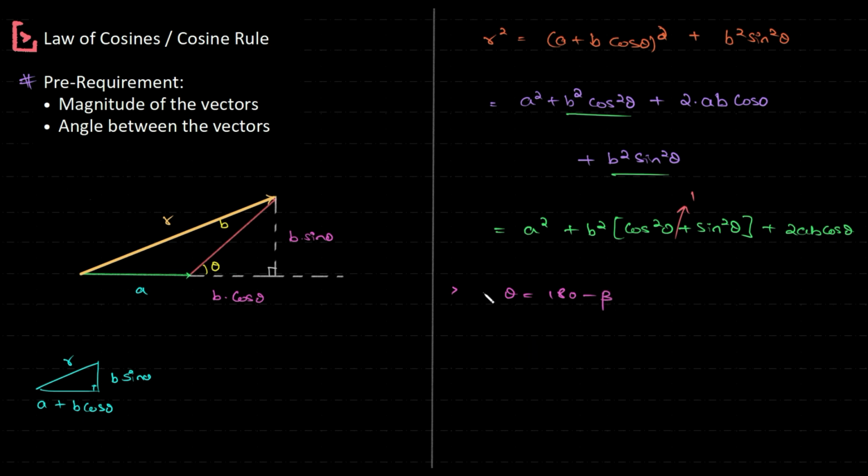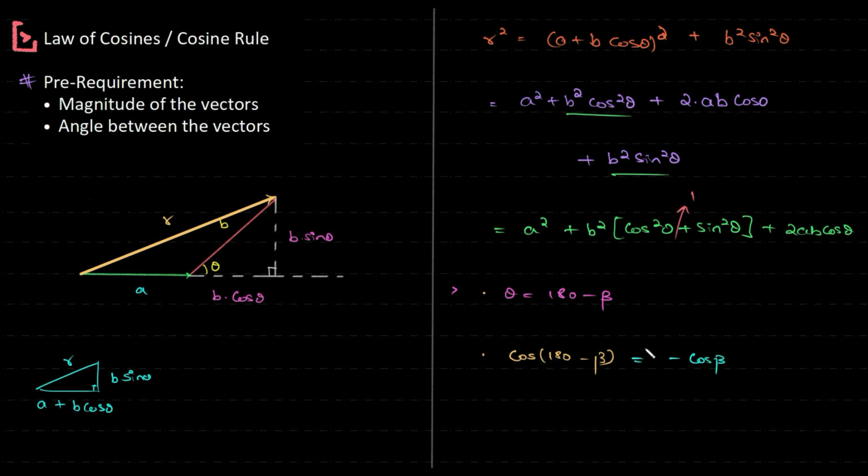I don't know if you have studied this as of today, but you will be studying this if you haven't. In place of theta, if I put 180 minus beta, cos theta would be equal to what? This would be equal to minus cos beta.